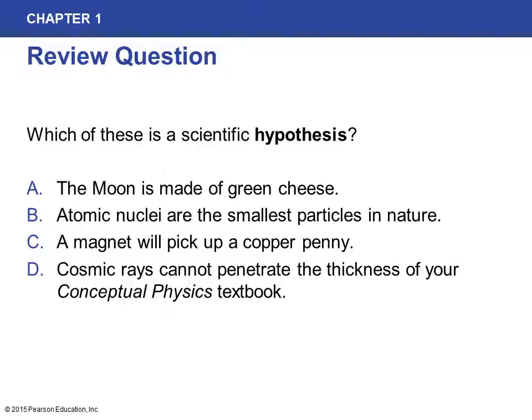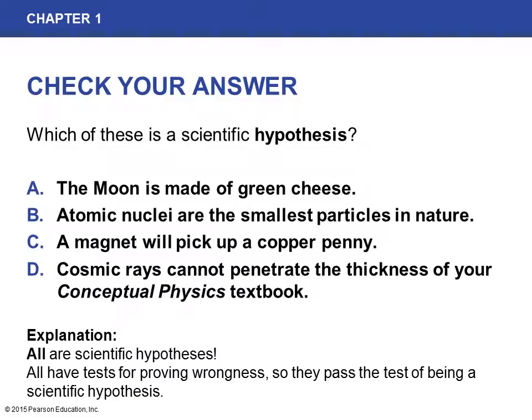As a hint, remember that a hypothesis is something that can be disproven, so that there is a test to disprove it. Think about that for a second. Move on to the answer. All of these are scientific hypotheses. All of them have tests for proving wrongness, so they can pass a test of being a scientific hypothesis.